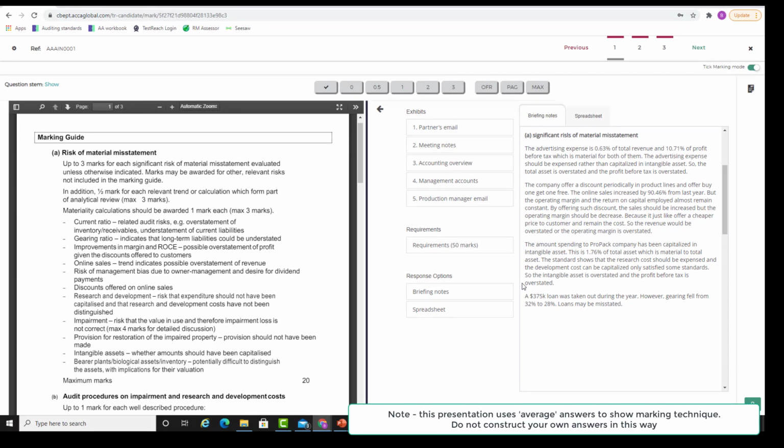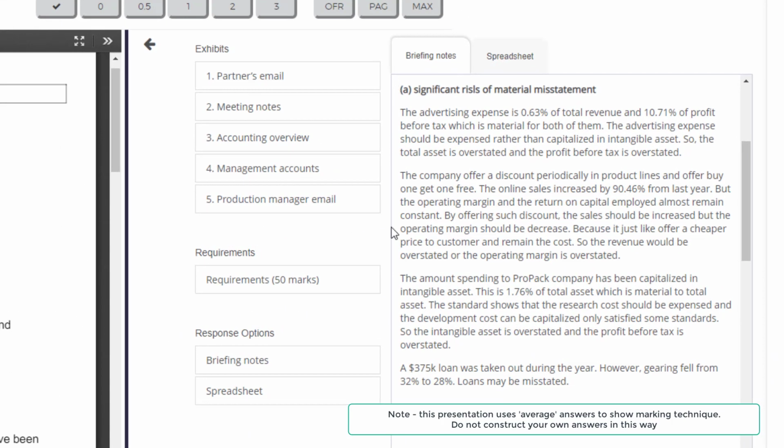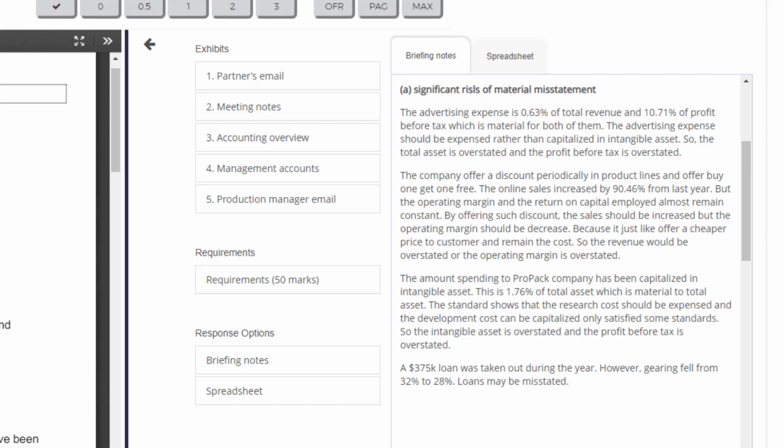And over here, you can see the answer that I've prepared. What I'd like you to do is have a go at marking this for yourself, awarding up to 3 marks for each of these risks, and we'll compare notes shortly. Okay, let's have a go through this together.